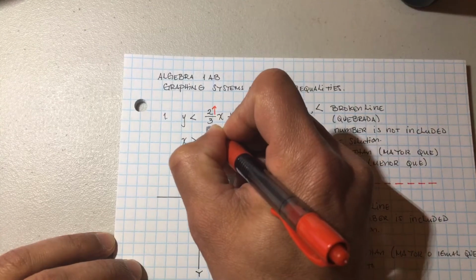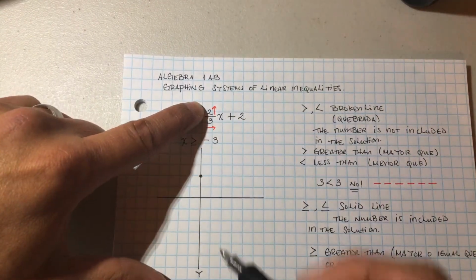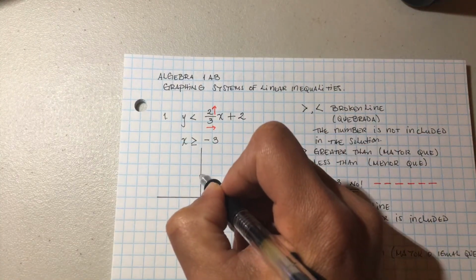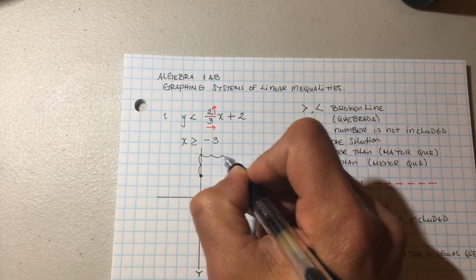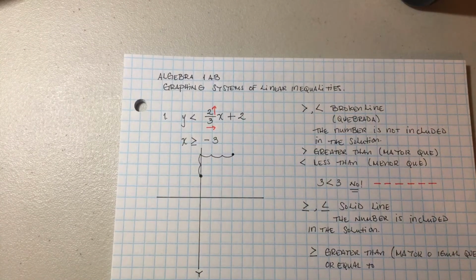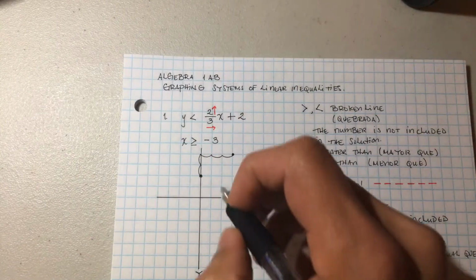So we're going to go up 2, 1, 2, and then we're going to run 3. 1, 2, 3, right here. And then we're going to just connect it. Get your straight edge.